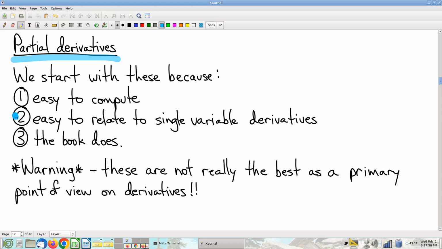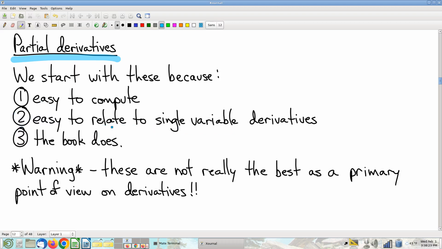They're also what I'm going to call kind of familiar. They're easily relatable to single variable derivatives. So it's not just going to be that they're easy to compute, they're going to be easier to understand. You're going to kind of notice the analogy. Again, give me 15 minutes and we'll be there. Highly analogous to single variable derivatives, so that makes them easy.